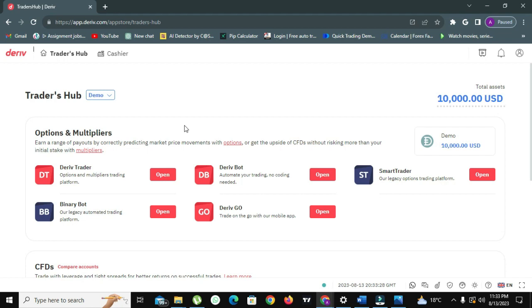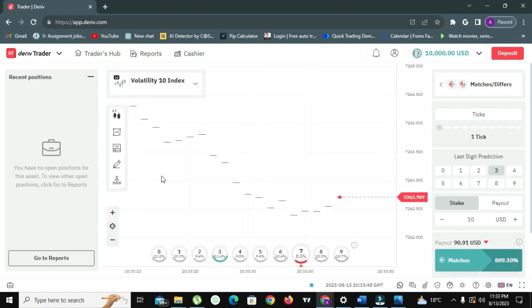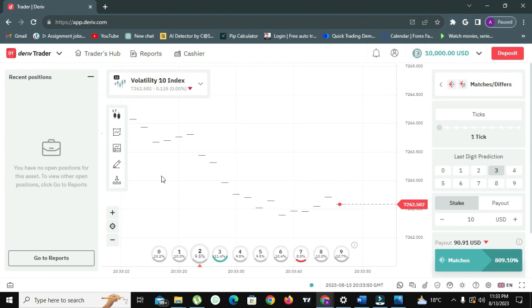But other than that, one of the best advantages of Deriv, other than instant withdrawals and deposits, is what we call synthetic indices. Deriv is the only broker that offers these kinds of indices.